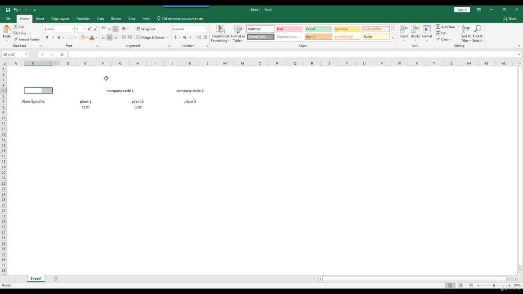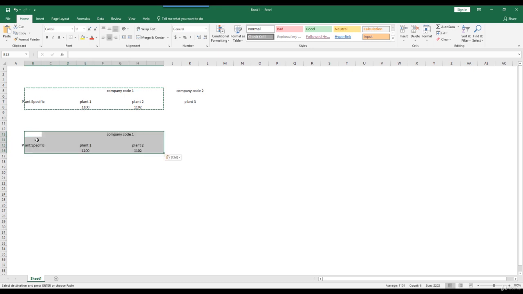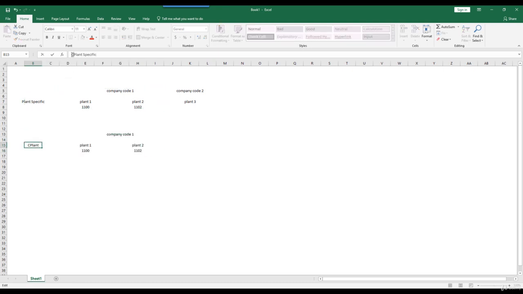Now coming to the second scenario, here cross plant. In cross plant, what will happen? The requirements of plant 1 and the requirements of plant 2 are looked after by only one purchasing organization that is created at this plant.